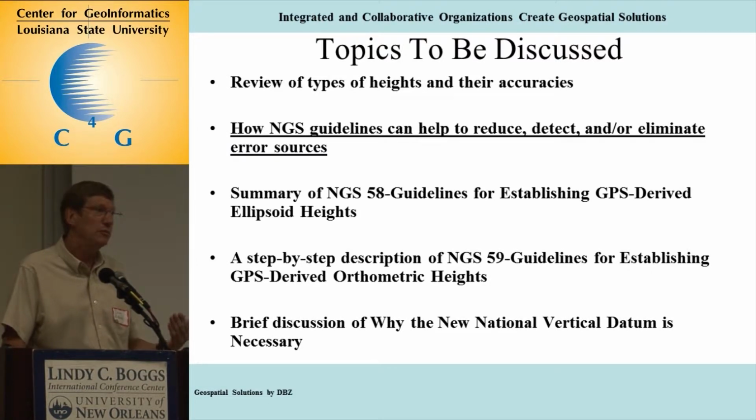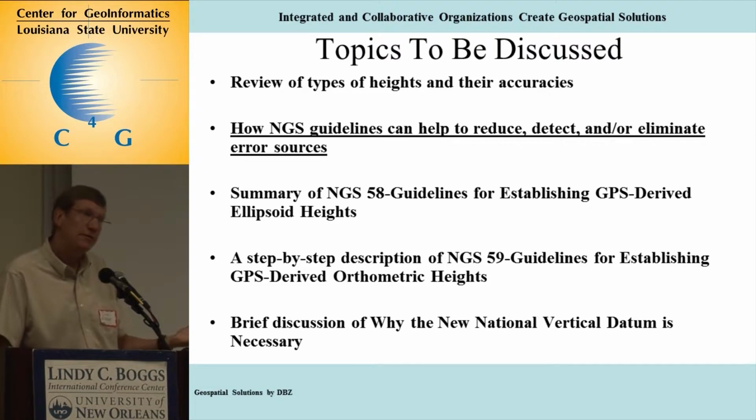And without having the appropriate procedures in place to detect or reduce, then you can't answer, did I reduce the error that I think I might have? Did I do something to detect it? And usually if you have a major problem, your data should be able to tell you that you have a major problem. And if it doesn't, then chances are you've got to do some more processing of procedures.